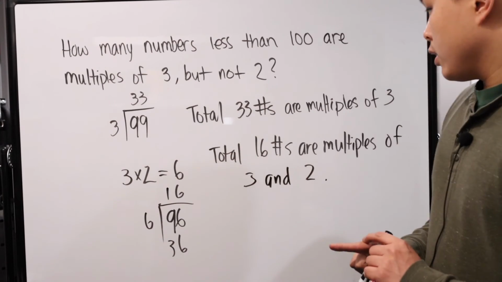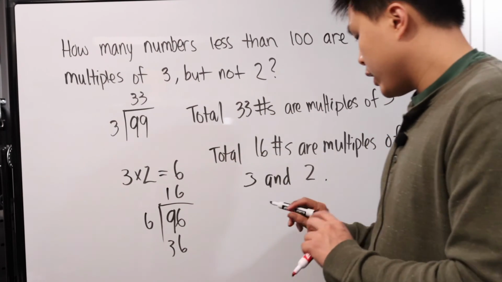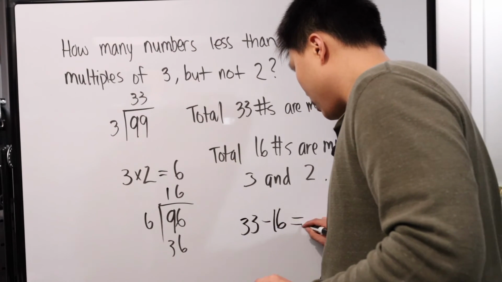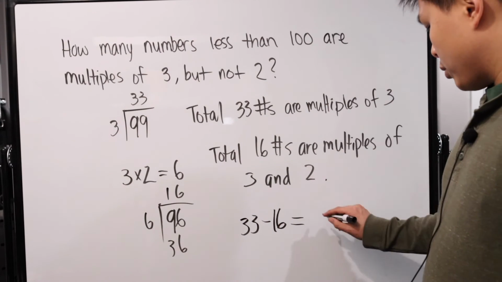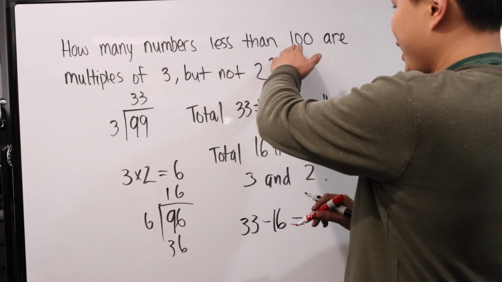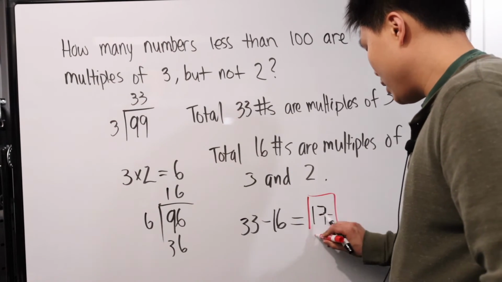Okay, so out of 33, there are 16 of them that are multiples of 3 and 2. So as long as we take 33 and then subtract 16, that will give us our true number, which is 17. So the total numbers that are less than 100 and are multiples of 3, but not 2, is actually 17.